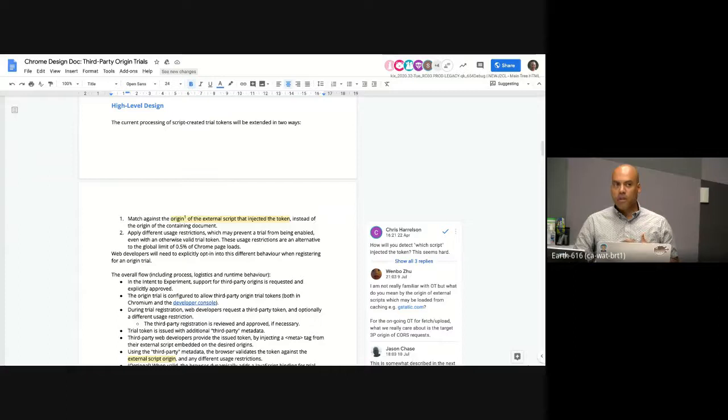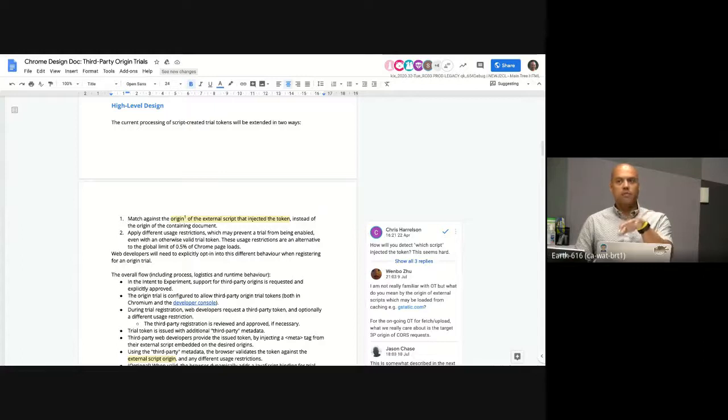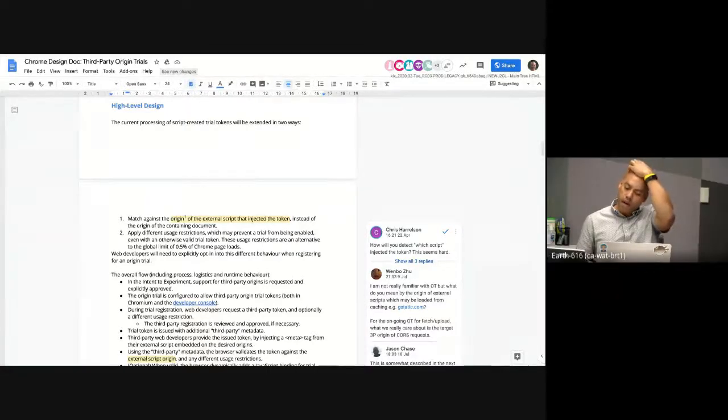So separately, we're also working on a design to address that pain point, where we can issue tokens that are good for, let's say, the life of the trial, and instead we'll use a different enforcement mechanism to make sure we get feedback.